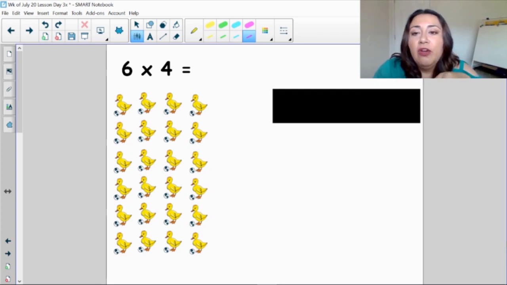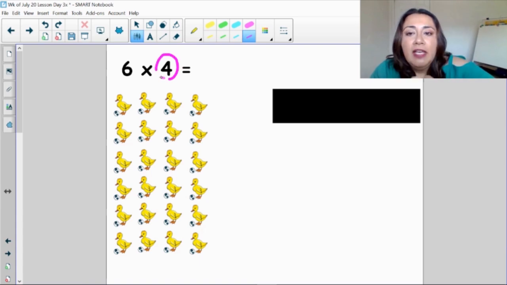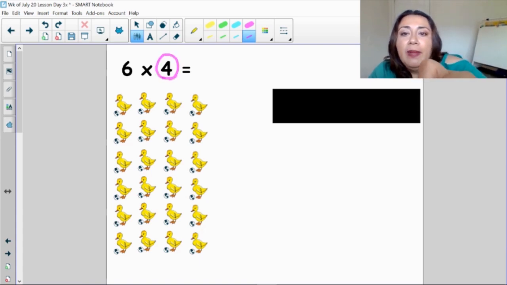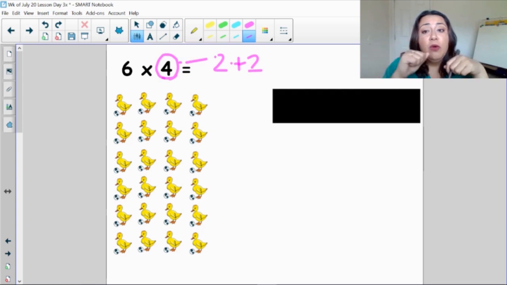Aquí voy a escoger yo el 4. Yo sé que 4 es simplemente 2 más 2. Entonces, si yo separo el 4, puedo decir 4 es 2 más 2, ¿verdad?